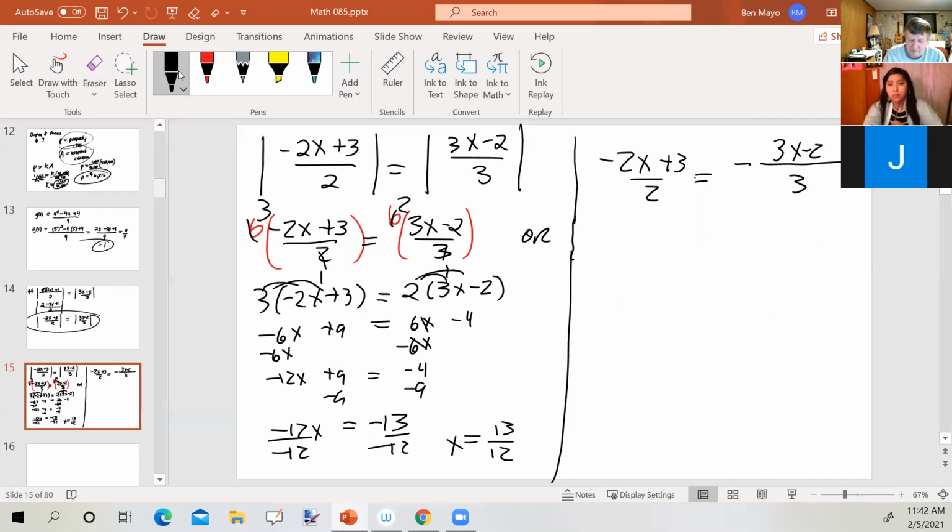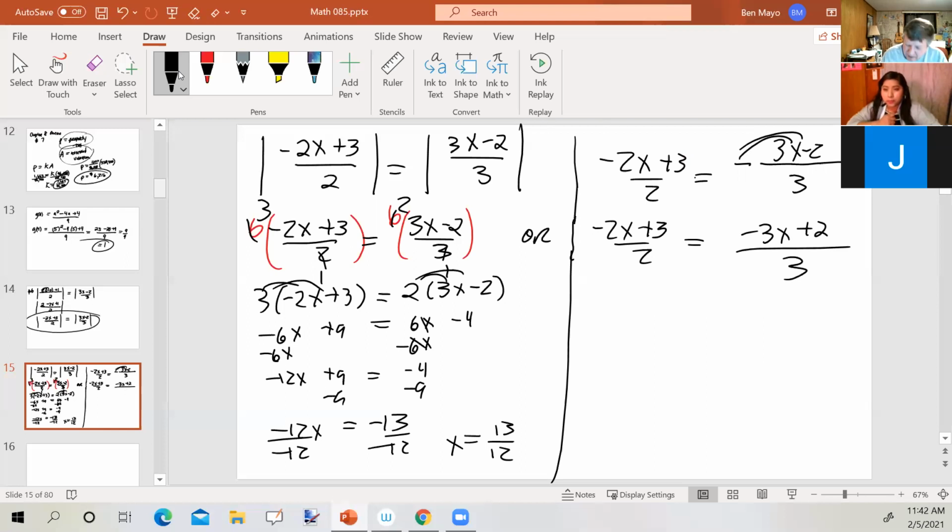Are you okay with that? Which is the same thing as negative 2x plus 3 over 2 equals, I'm going to distribute and make this negative 3x plus 2 over 3. Are you okay with that? Yes. All right, good.